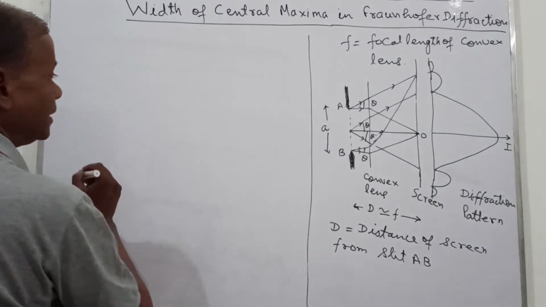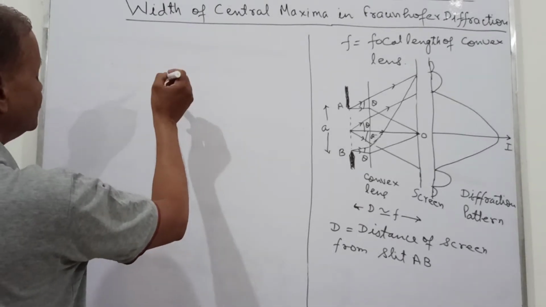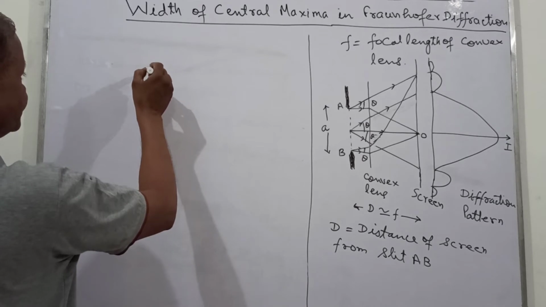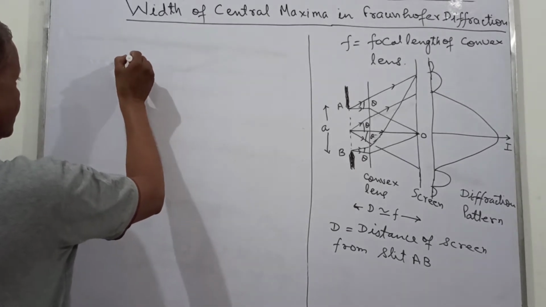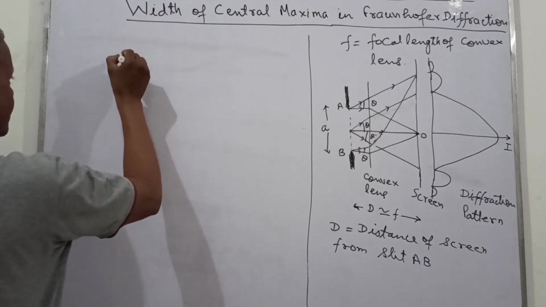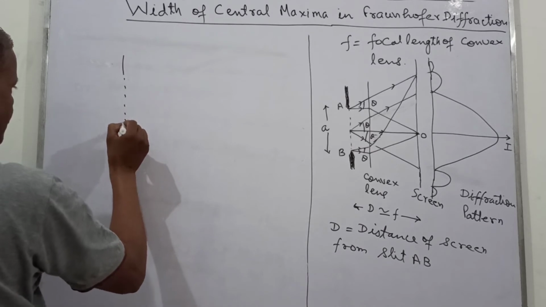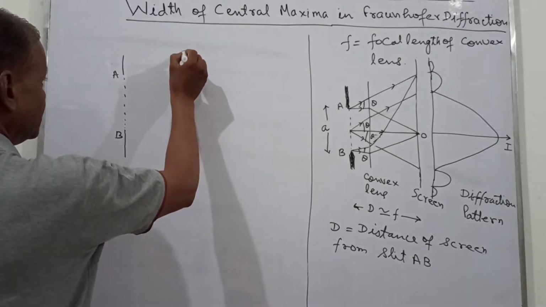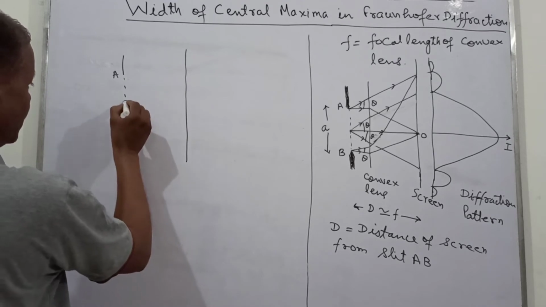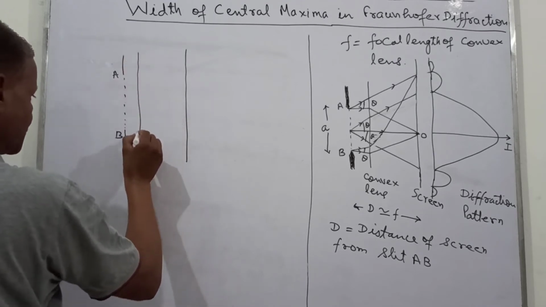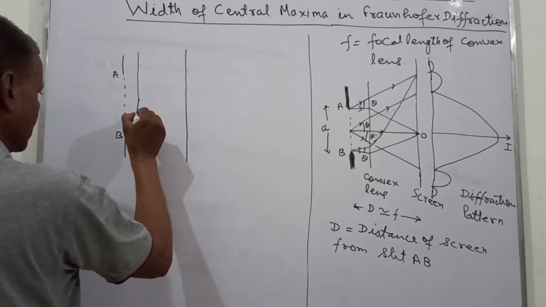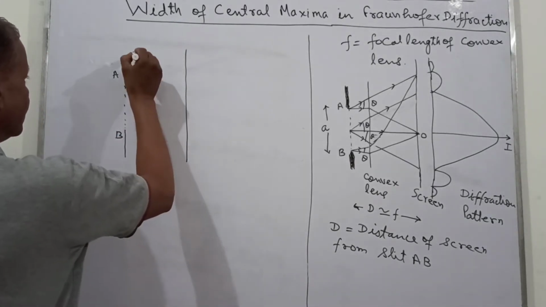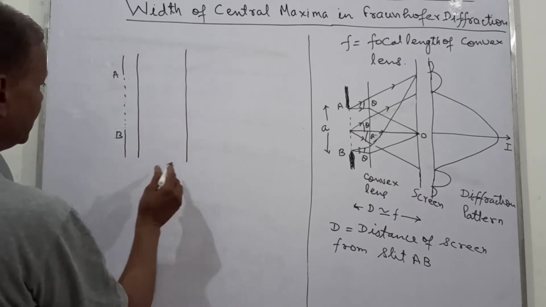So now I show you like this. This is AB. This is the lens, this is the screen.